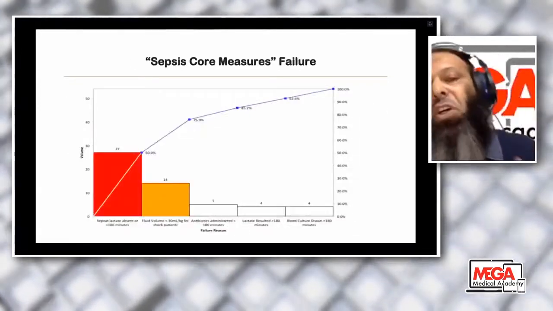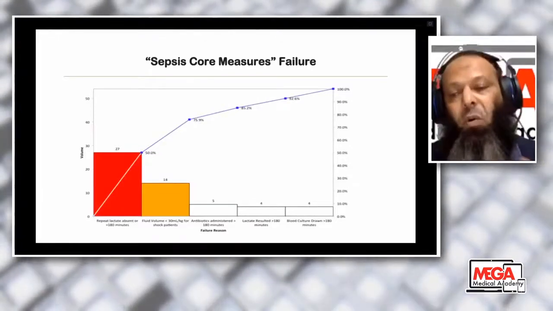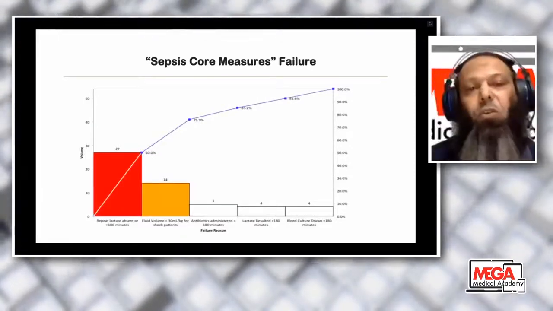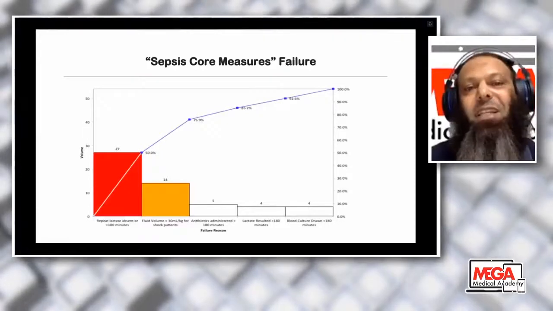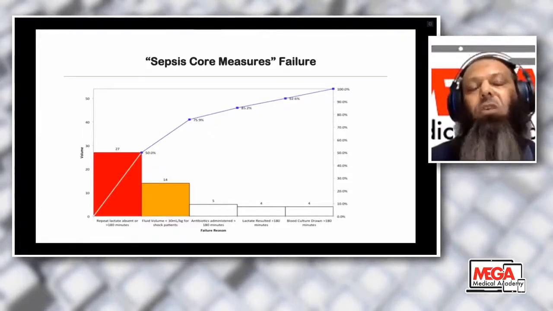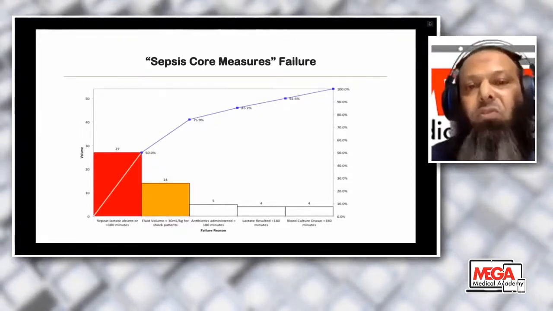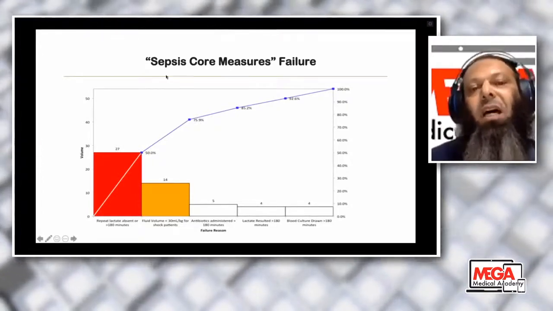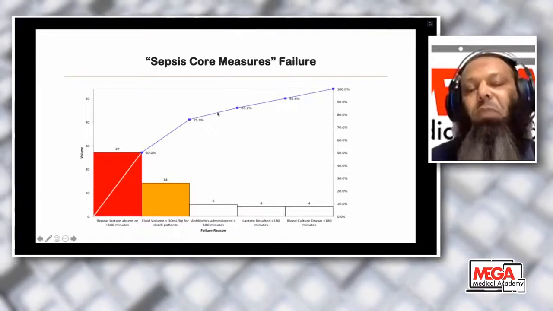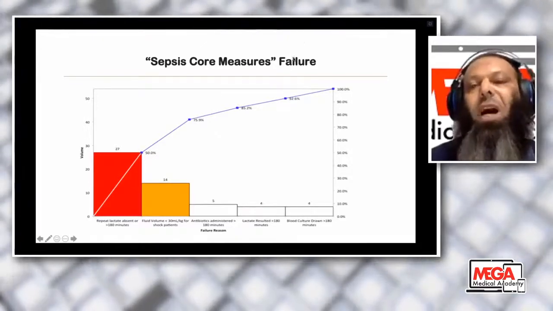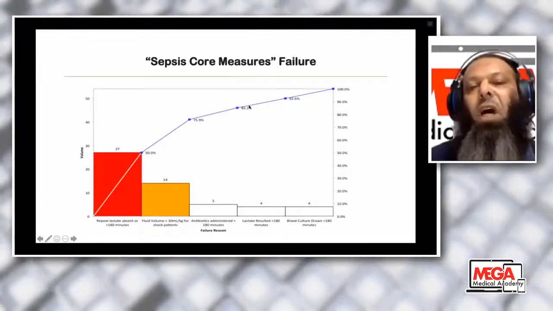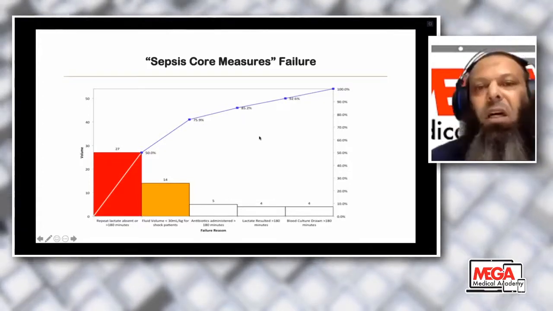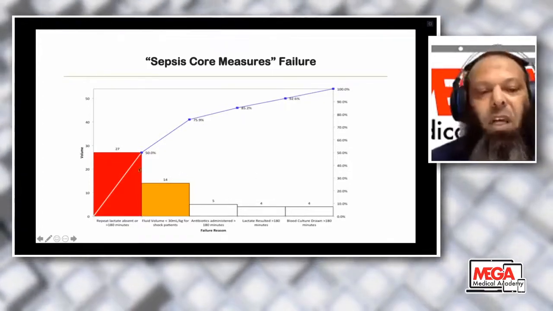And measuring the hour 1 bundle is very important to know where you are standing. Are you succeeding? Are you compliant with the 1 hour bundle? So this is a study measuring the sepsis core measures and why they fail to be compliant, and what the components of failure are.